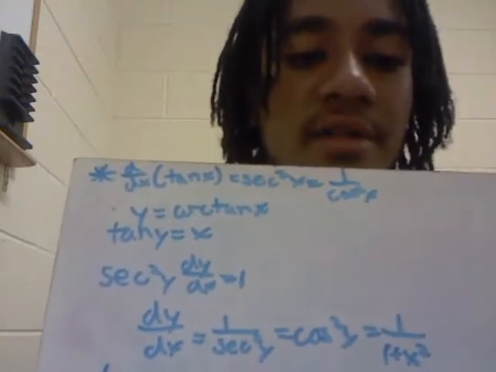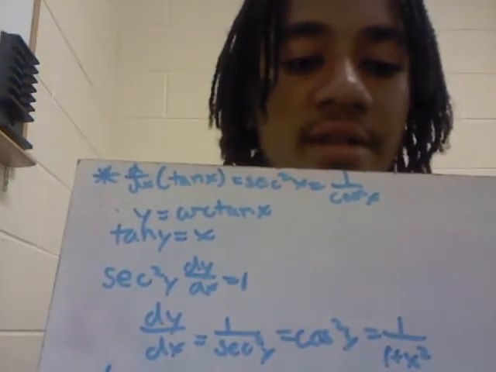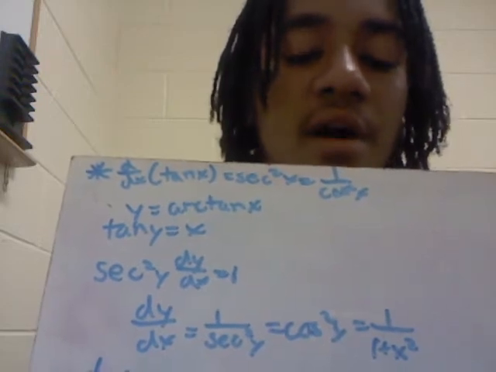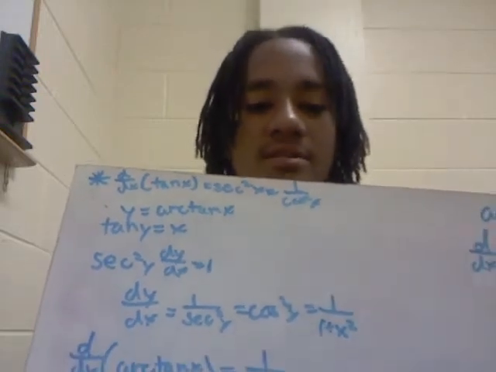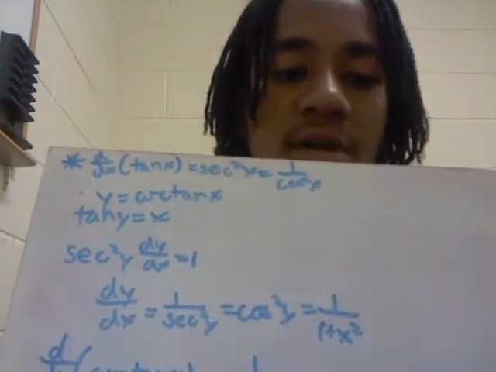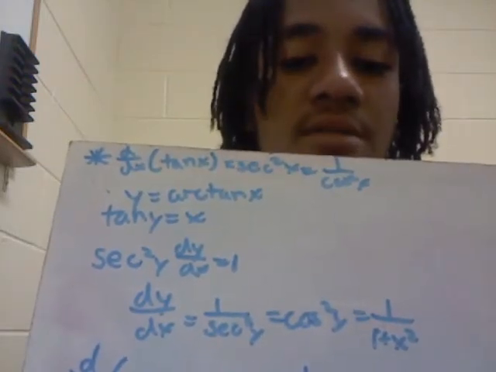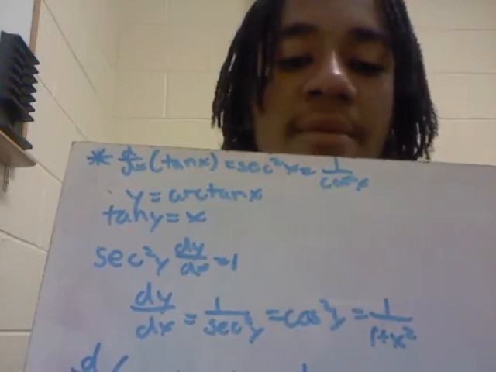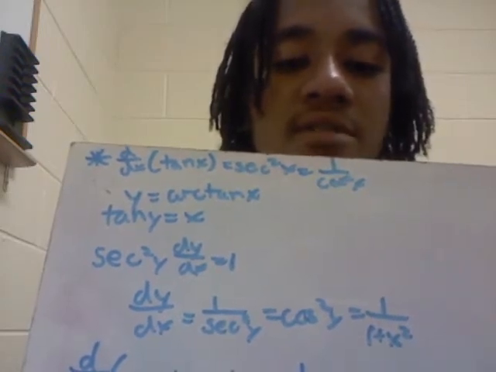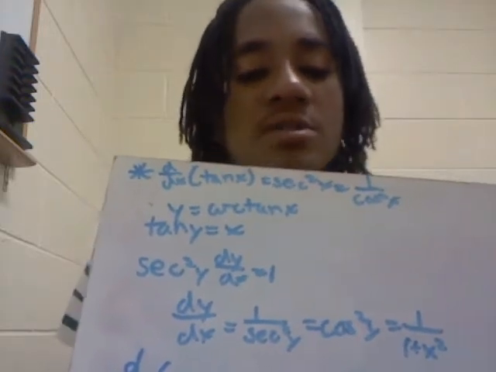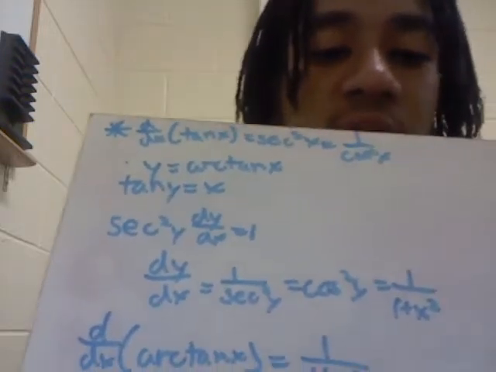Here's the given method to find the derivative of arc tangent x. You already know that the derivative of tangent x is secant squared x, and that by the properties of trigonometric functions, secant squared x equals 1 over cosine squared x.